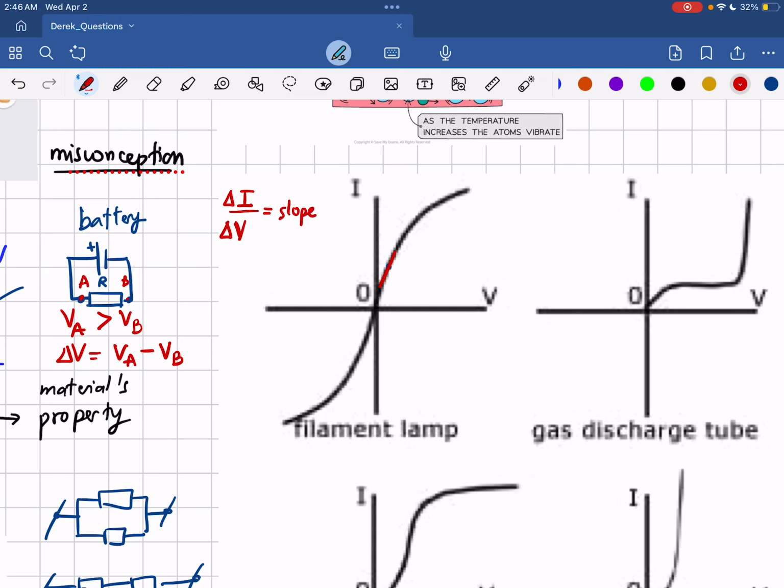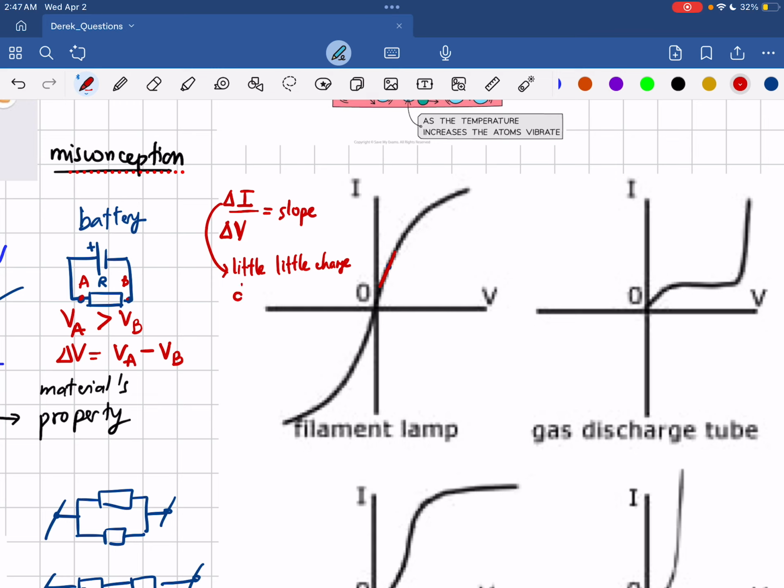But if this is a constant, here we can see that just a little change here can be considered as a straight line. So that's why this change has to be just a little change, a very little change.